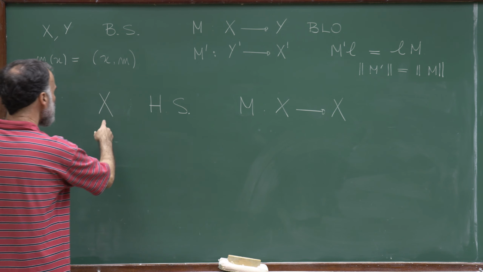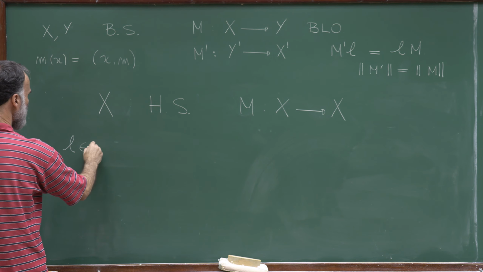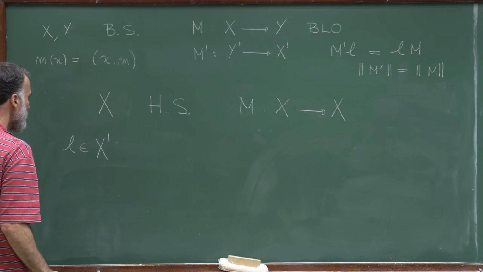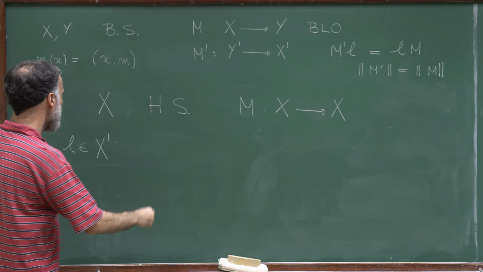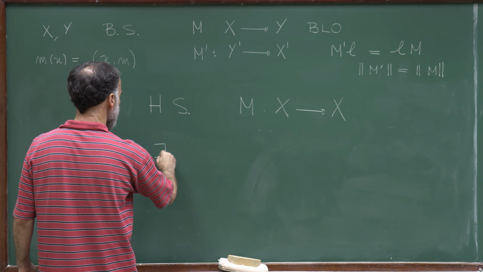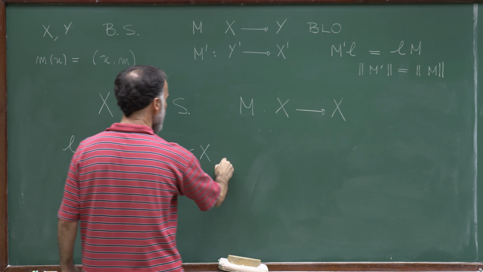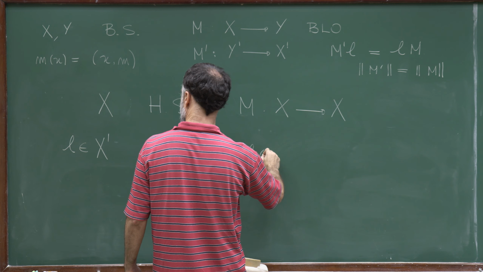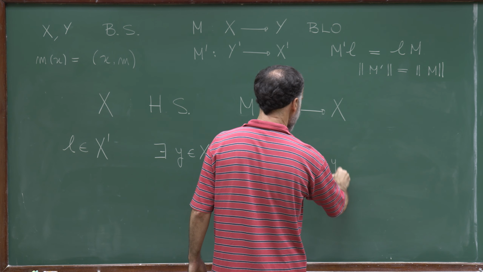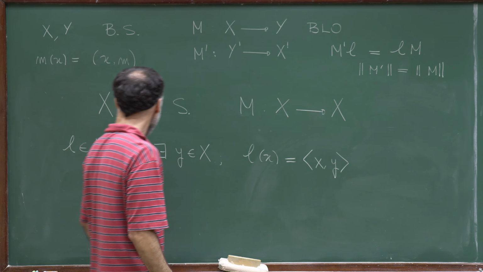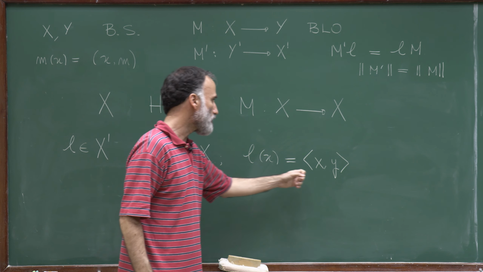Remember that in a Hilbert space, if I have an element L in X prime, then it can be represented through the scalar product. So there exists a Y in X such that L of X is equal to the scalar product of X and Y. So we know that all bounded linear functionals in a Hilbert space can be represented in this way.